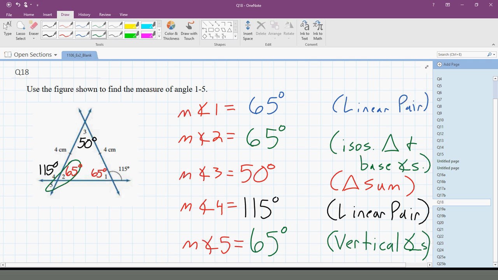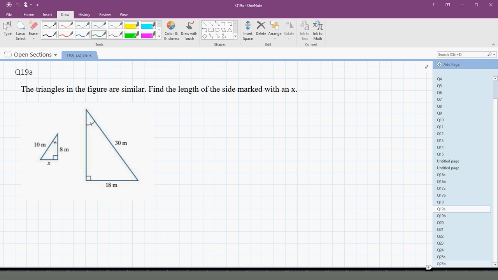Remember, vertical angles are congruent. So again, there's lots of ways to look at this guy. You could look at it according to a linear pair, or you could have looked at that last one according to vertical angles. Okay? Again, this picture is kind of a lot like what we did on 16, where it's based off of what you see and what relationships you can remember. All right, getting down there, almost done.